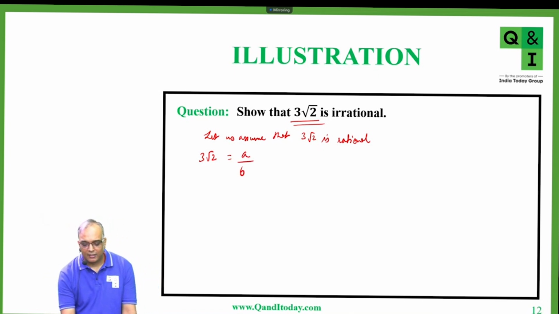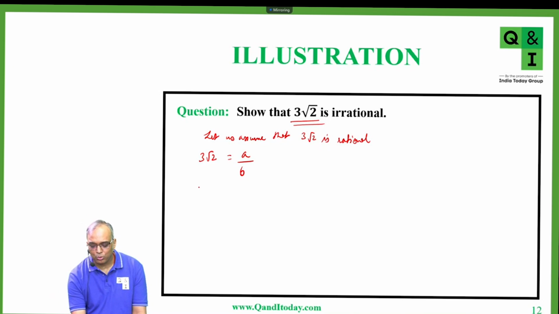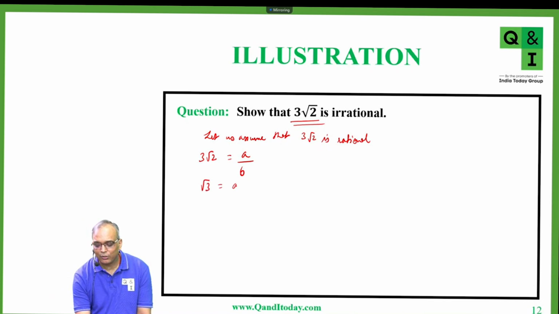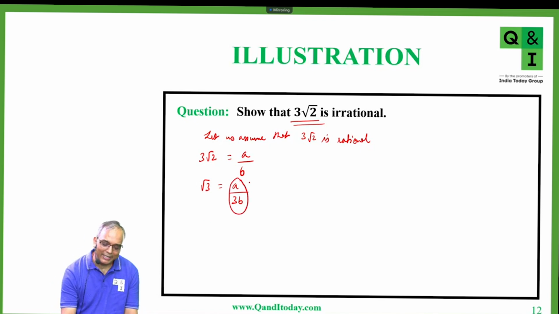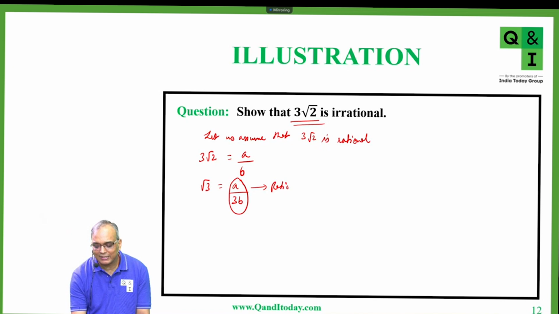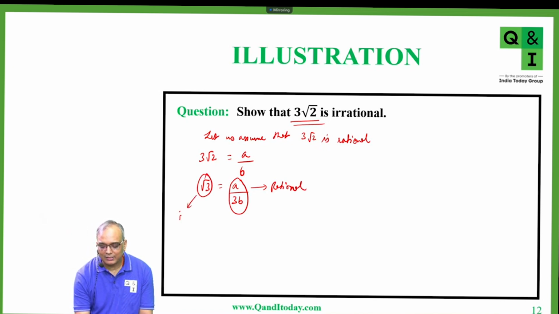If I have to isolate root 2, I will take 3 to the other side. I can write it as a by 3b. Now since a is an integer and 3b is an integer, a by 3b is rational, and root 2 is irrational.